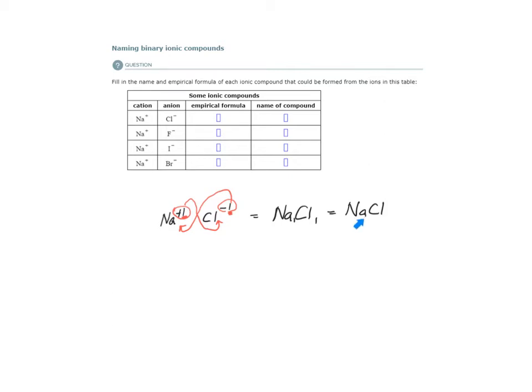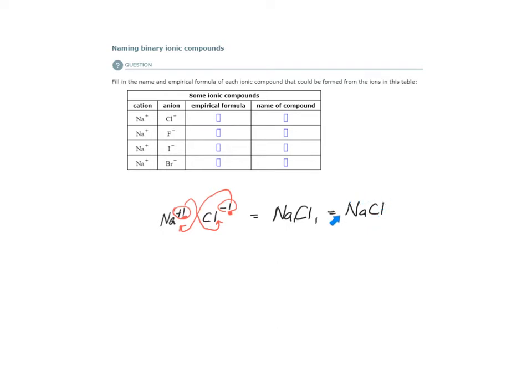So this empirical formula tells me that sodium metal ions and the negative chloride anions are present in a 1-to-1 ratio relative to each other. And that makes sense. Look at the charge of sodium metal ion, +1. Look at the charge of each chloride anion, -1. So for every one of these, I have one of these, and the charges are canceled.